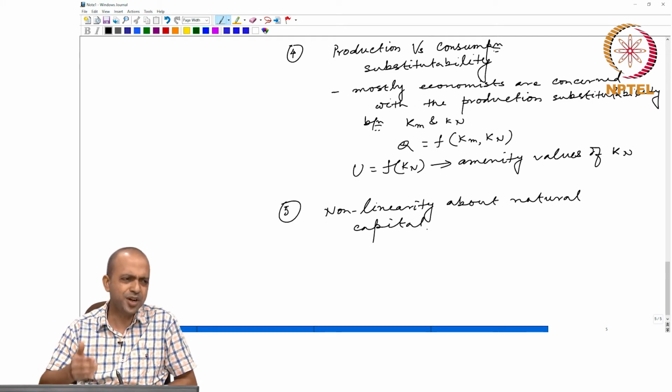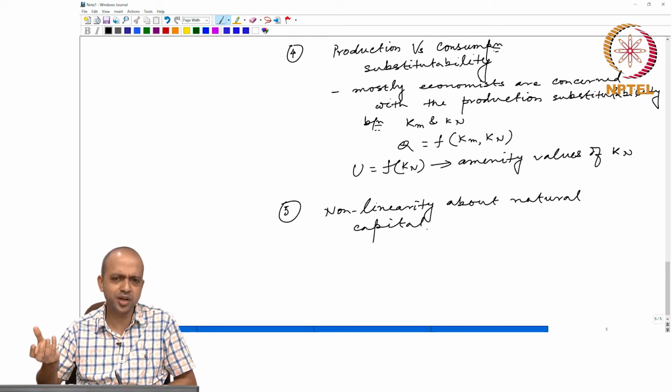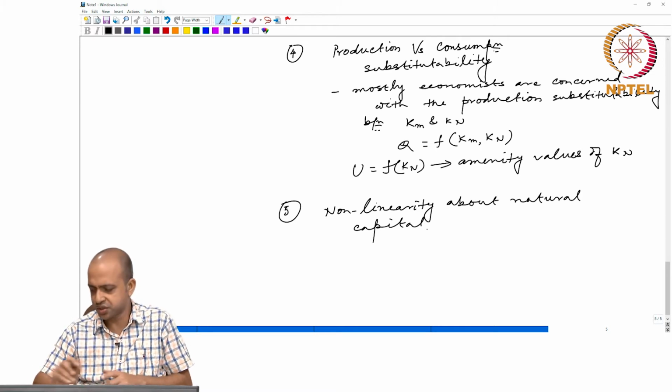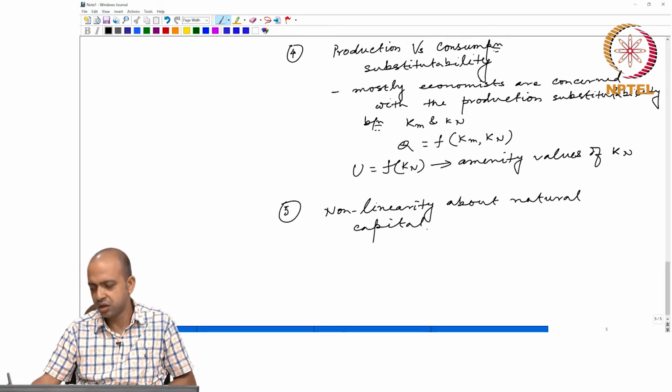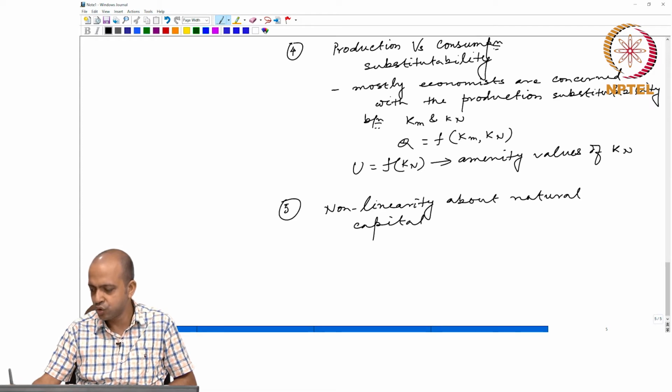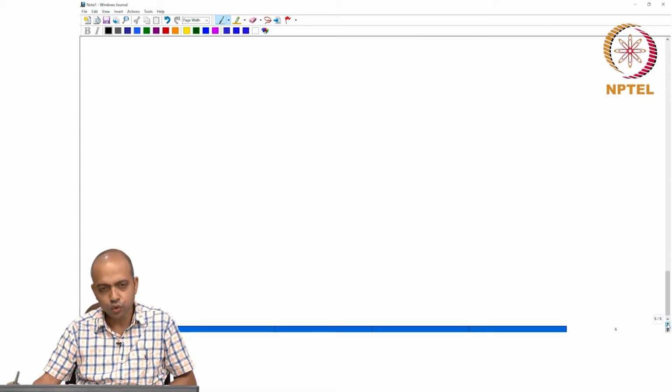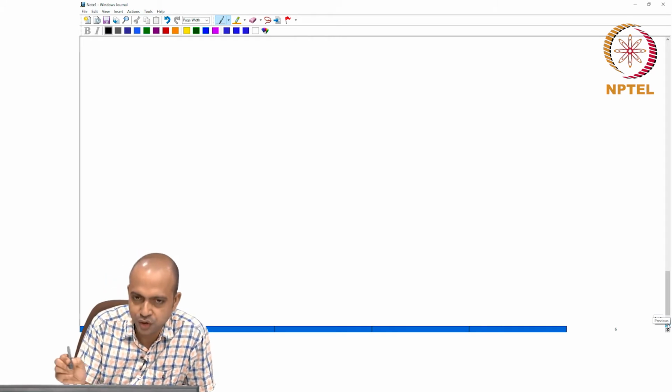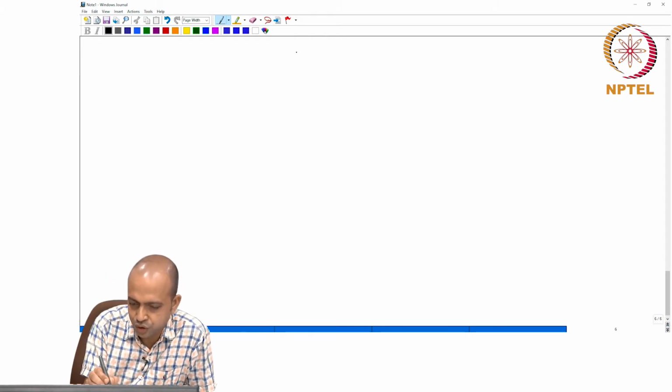After some point of time the stock of natural capital may be such that we cannot repair it or reverse it to what we had earlier. So, these 5 reasons are the limitations of the weaker version of sustainable development, and since this is not possible, we need to think about the second one, which is called the strong sustainability rule.